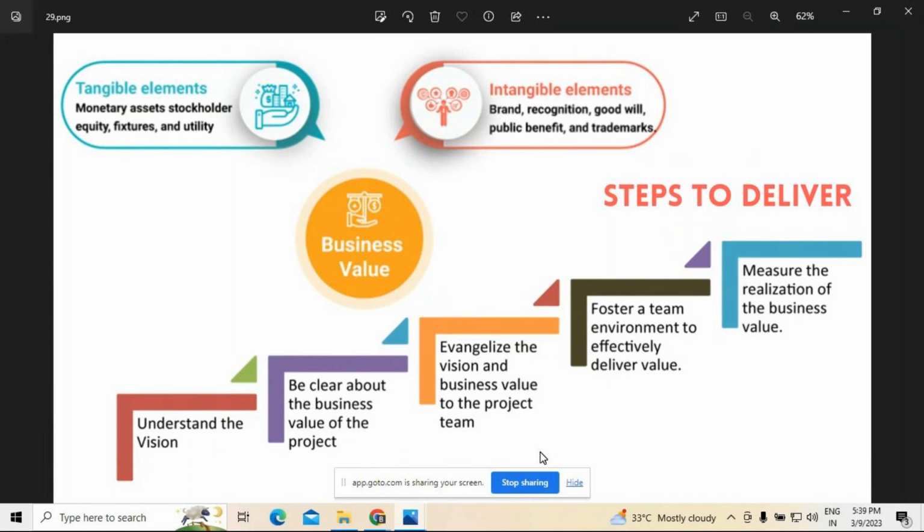Now, on what basis will these requirements be addressed by your team? Hassan, please go ahead.